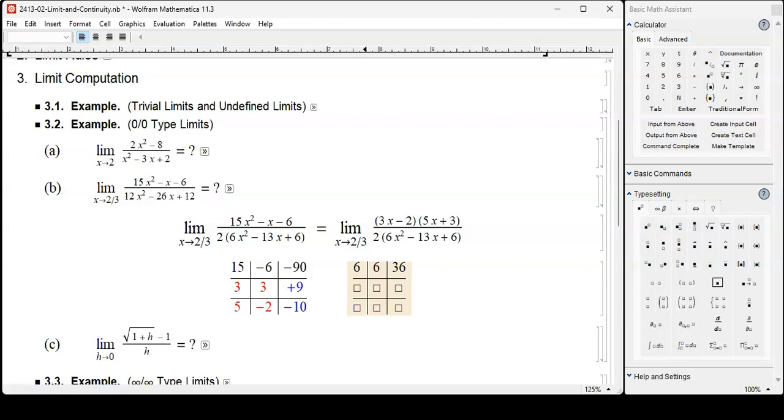36 times 1, that doesn't work. And then 18 times 2, that doesn't work either.